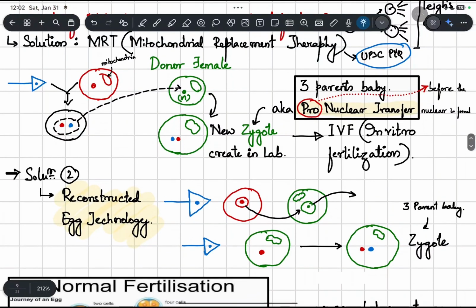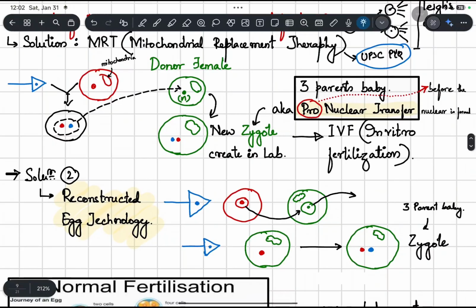Now from here on, we'll have to identify a donor's egg with good mitochondria, right? Then this pronucleus should be replaced by the donor egg's nucleus, right?